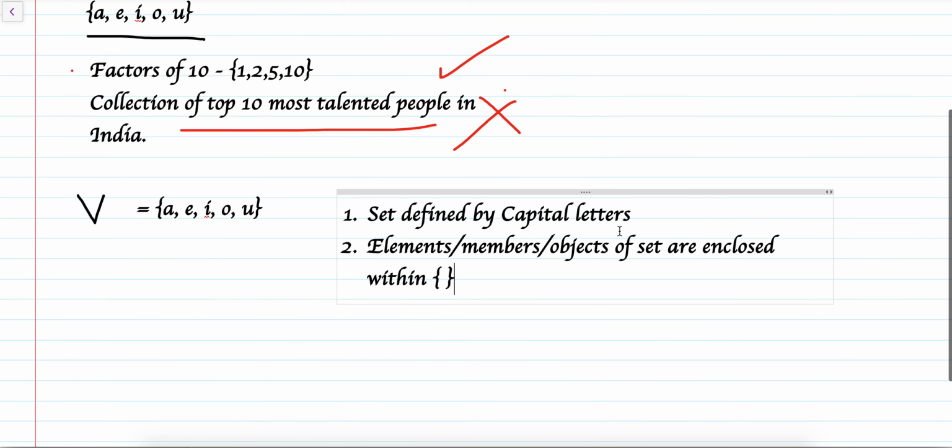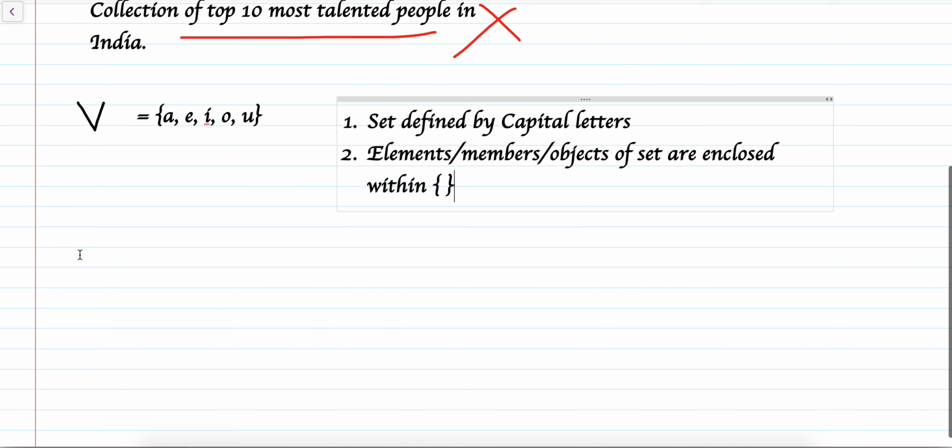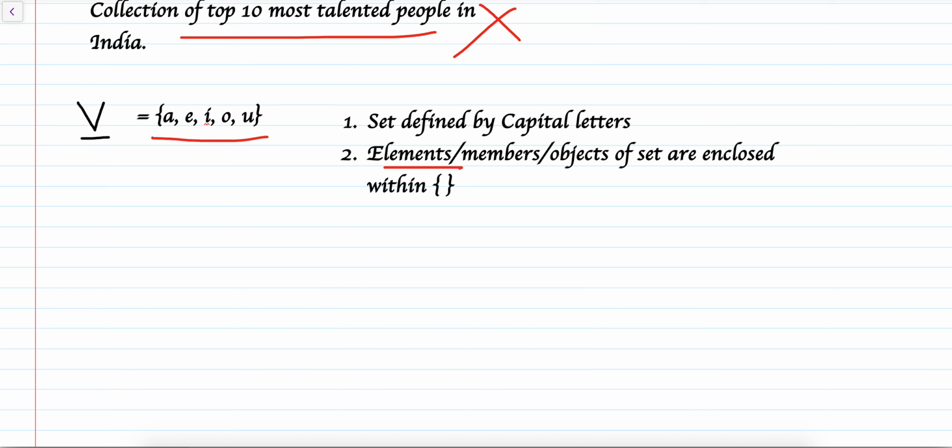So now we will come to more terminology. So here V is the set, right? And these are the elements, members or objects, whatever you like, you can say it.